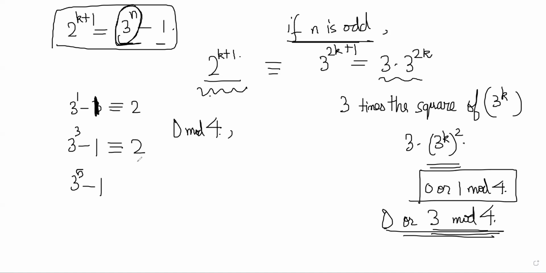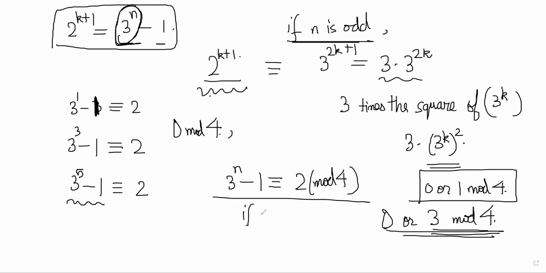This is also 2 mod 4, right? And notice that this is 3 power 5, 243, minus 1, 242. This is also 2 mod 4. Okay. So we are always getting 3 power n minus 1 is equal to 2 mod 4 if n is odd, right?